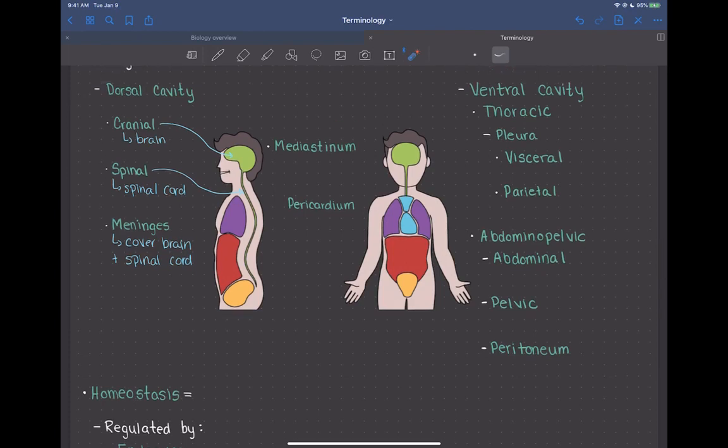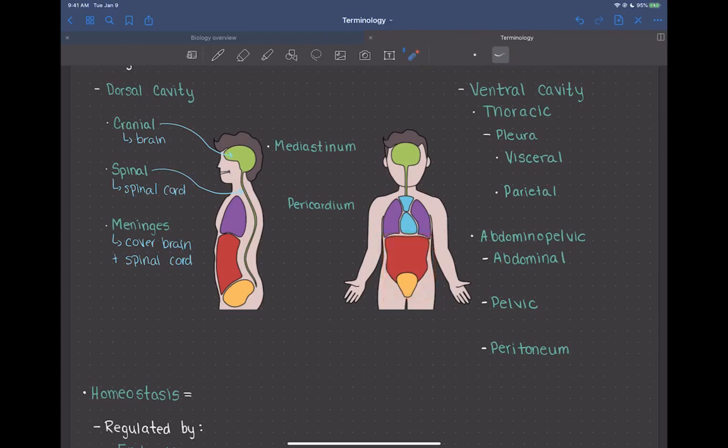All right, so now let's talk about the ventral cavity. The ventral cavity is divided into two other major cavities. We have our thoracic cavity, which is going to be up here, and we have our abdominopelvic cavity down here.